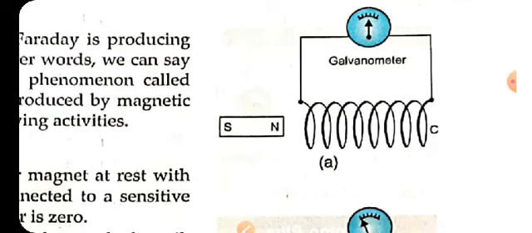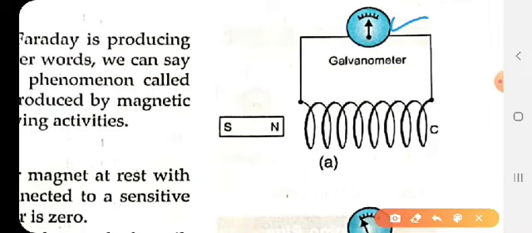This is how it is used here, with one coil connected to the galvanometer, and one bar magnet with a north and south pole. When this magnet is brought closer to the coil, during that motion of the bar magnet, there is a deflection in the galvanometer needle.